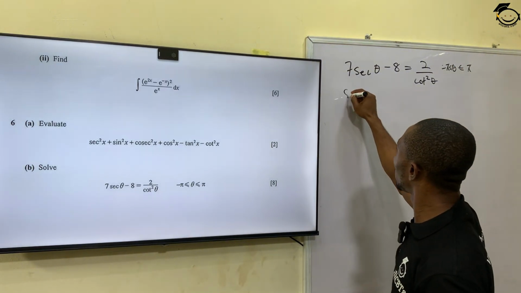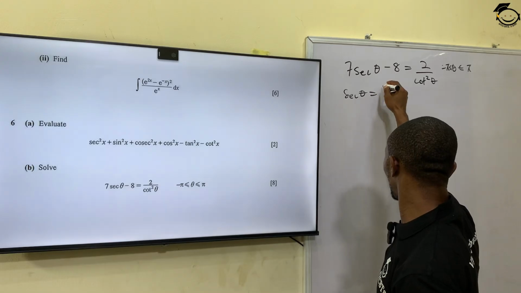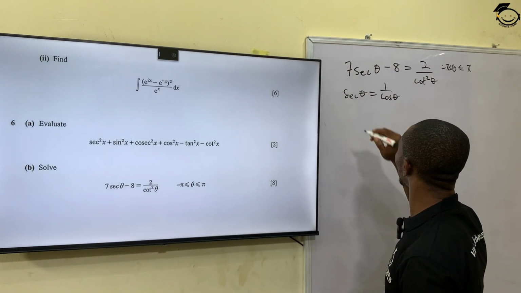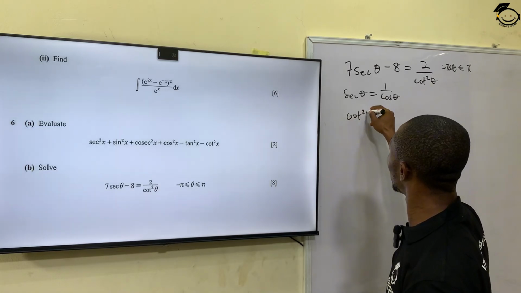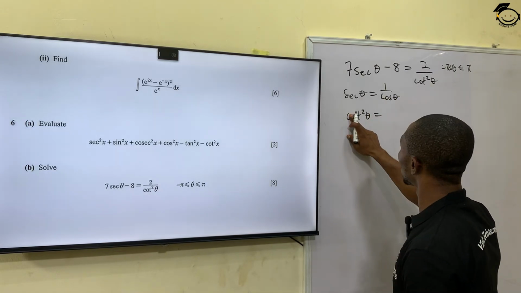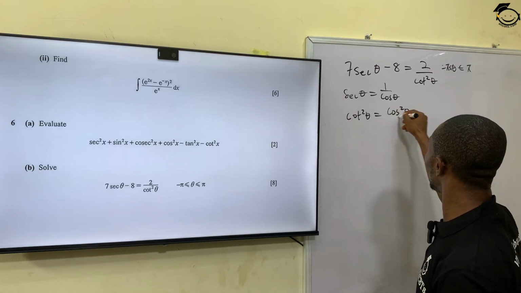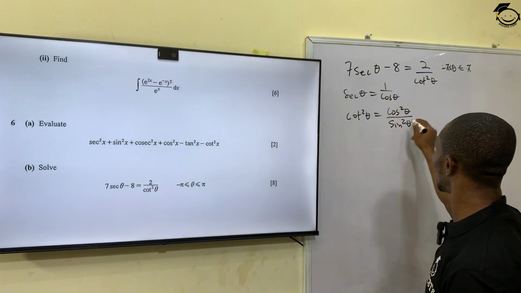Now, we know that sec theta equals 1 over cos theta, and cot squared theta equals cos squared theta over sine squared theta.